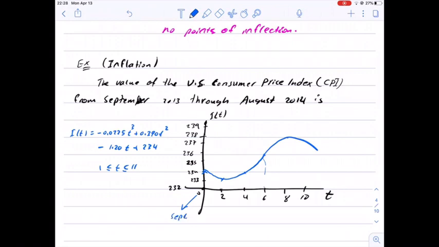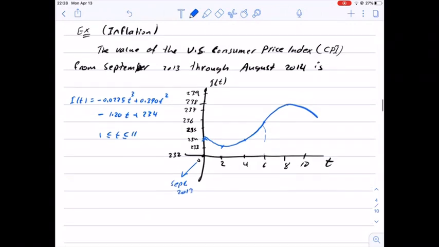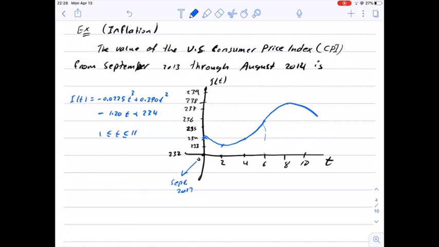So here 0 denotes September 2013. So when the function I of t is increasing, the US economy is experiencing inflation.